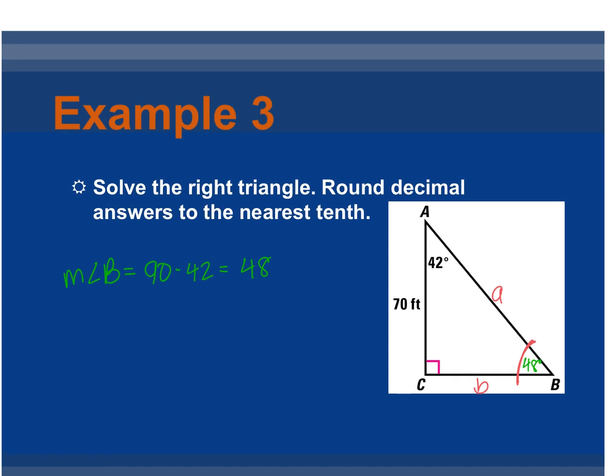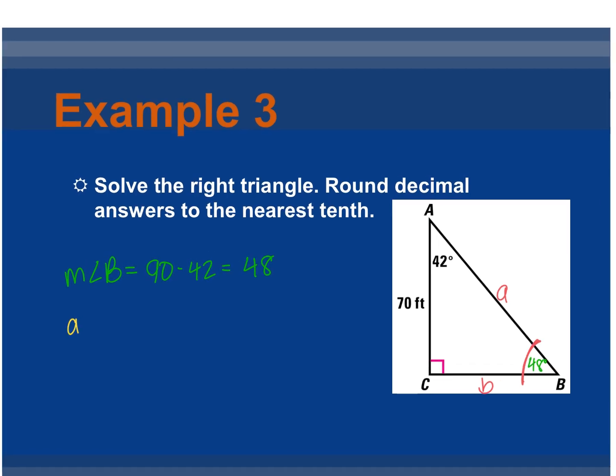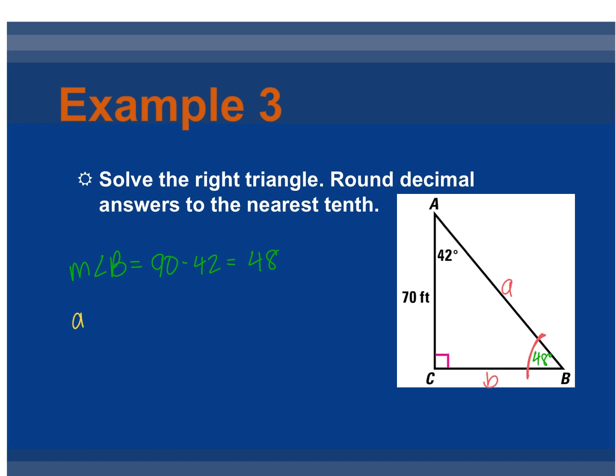Solving for A first, I'm again using SOHCAHTOA, and I'm going to use 42. Looking at my 42, what are they giving me? They're giving me my adjacent side and my hypotenuse.